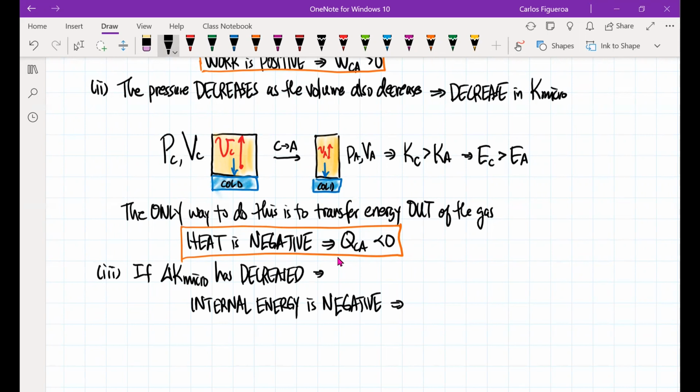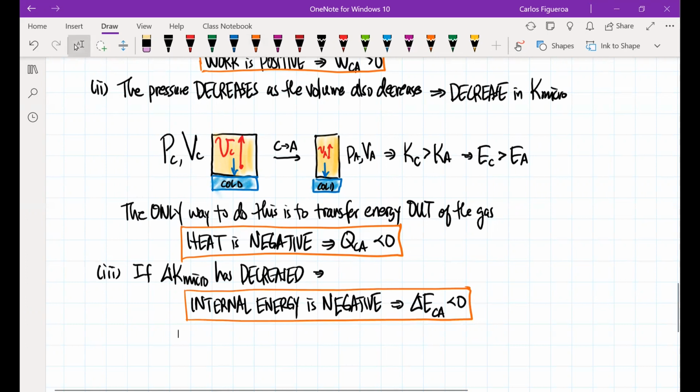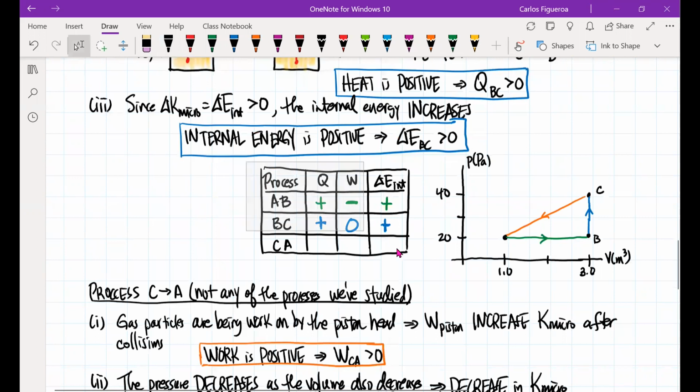In other words, the change in internal energy, which is the same as the change in microkinetic energy, must be negative. So now I can get my table.